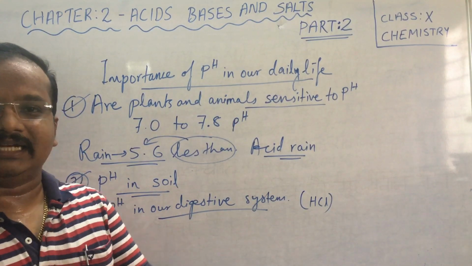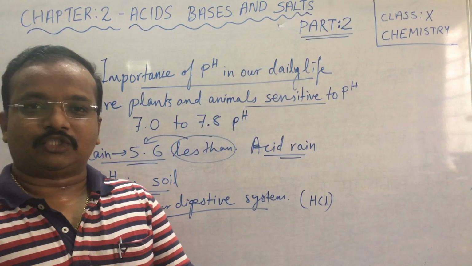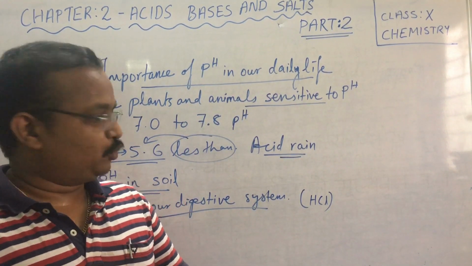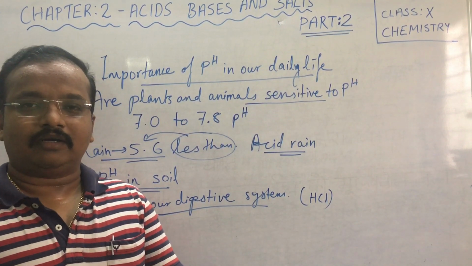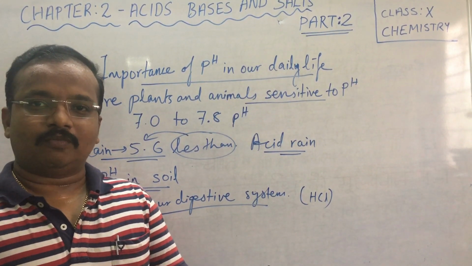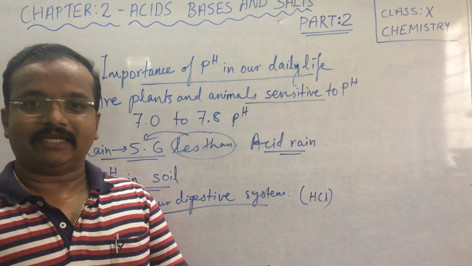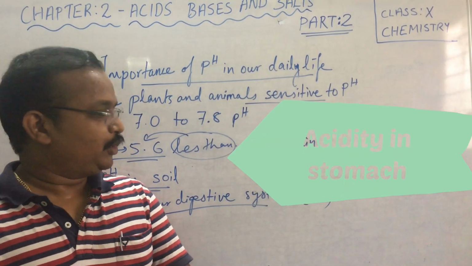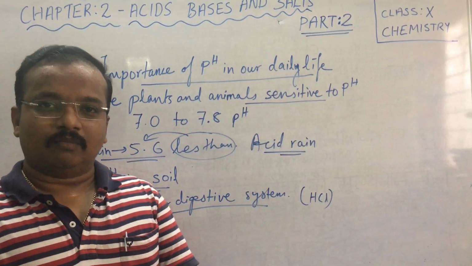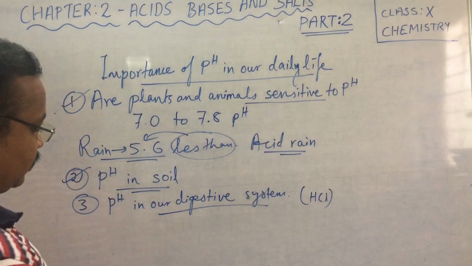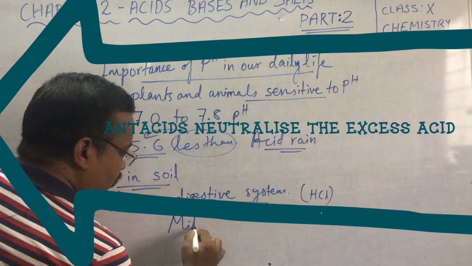Suppose you are not eating food on time, and you are allowing your stomach to become too acidic. At that time, the stomach becomes acidic, and we get a stomach upset. So in order to relieve the amount of HCl present in our stomach, we normally take milk of magnesia.